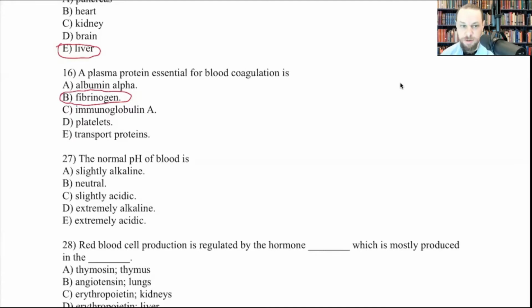By the way, in the hospital, if a patient comes in with a thrombus and you want to lyse that fibrin clot, they give them TPA, tissue plasminogen activator, a fibrinolytic.